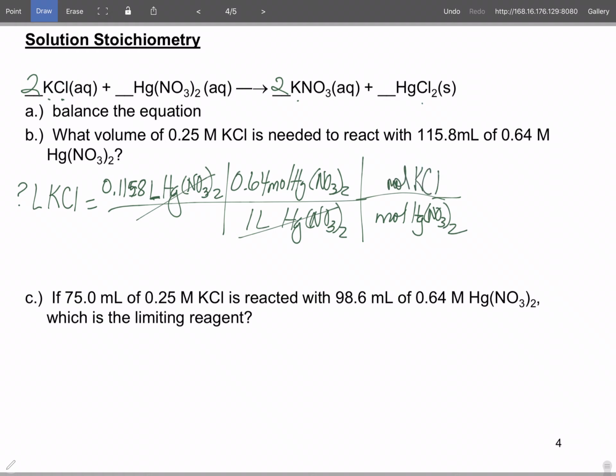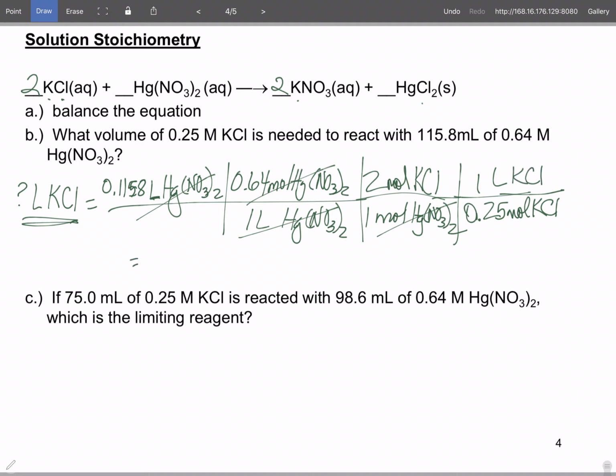So I got to look at the equation. I have 2 moles of KCl, 1 mole of mercury 2 nitrate. So I've gotten rid of my moles of mercury 2 nitrate. I am at moles of KCl. Some of these grams? No. I'm asking for volume. So how do I get from moles to volume? Using molarity. So there are 0.25 moles KCl per every 1 liter of KCl.